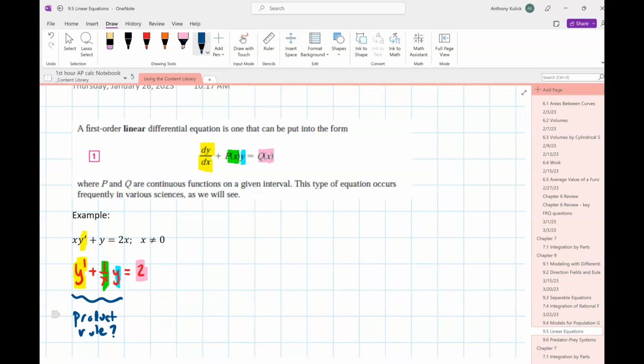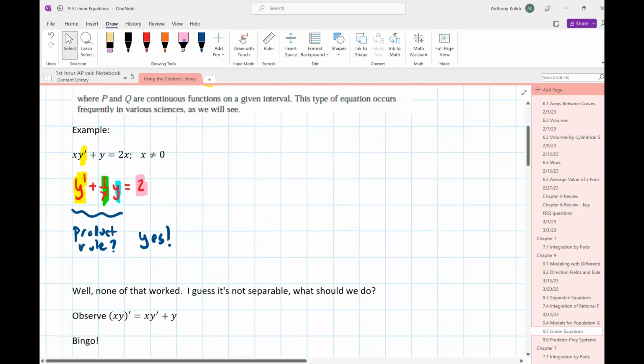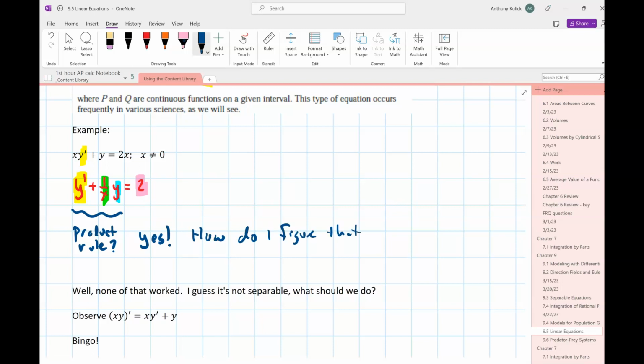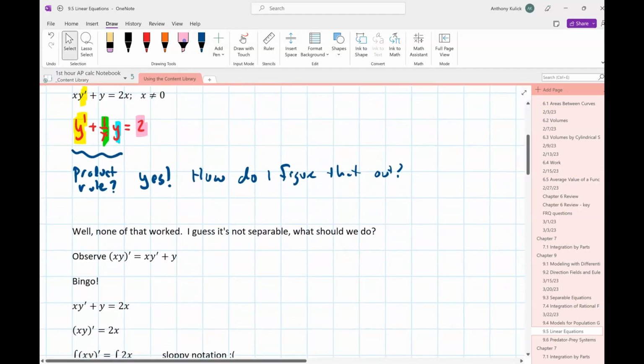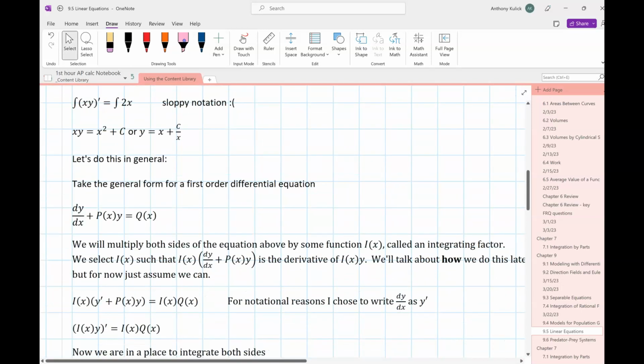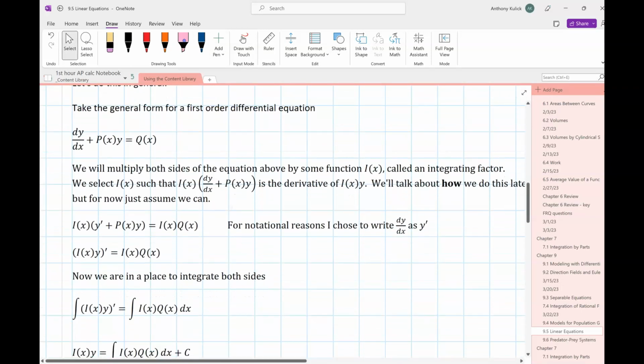So the question is then, how do I smush that back together and figure out what product rule it was?